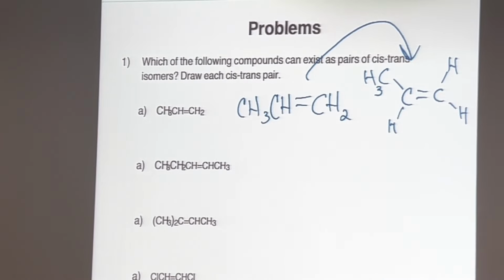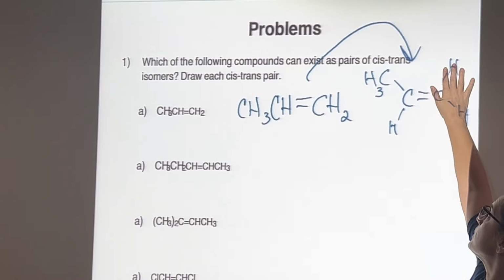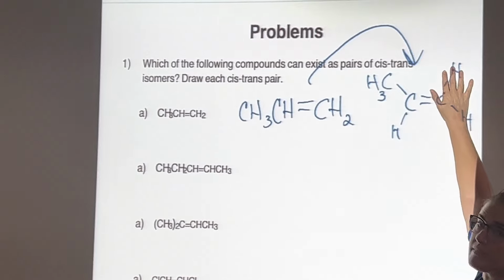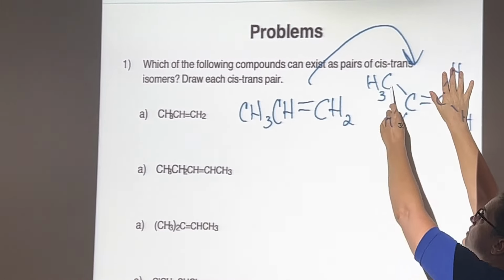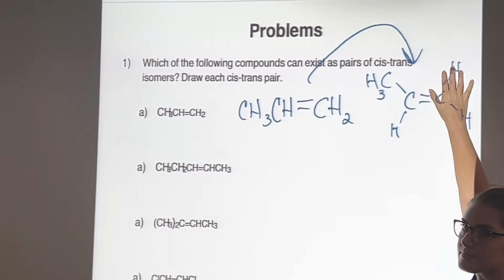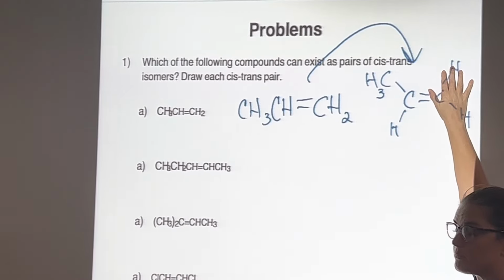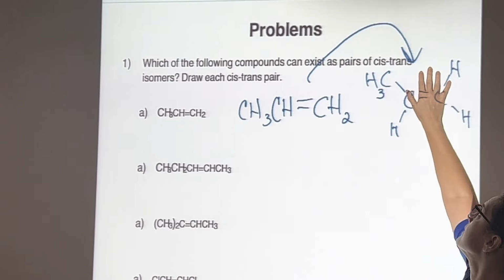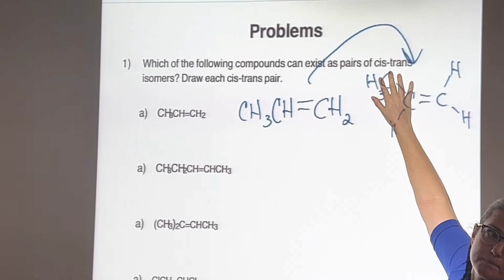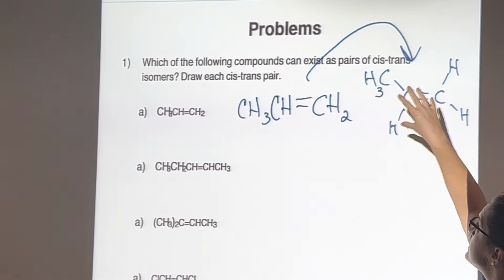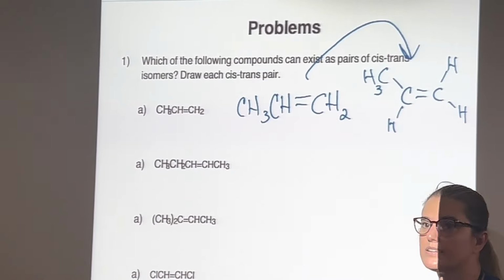Okay, folks? So go ahead and put your hand on one side so you're just looking at one of the carbons of the double bond. Is this carbon bonded to 2 different things? It sure is. So it qualifies at this point, but we have to look at the other carbon. That carbon, is it bonded to 2 different things? No. So are there cis trans isomers here?